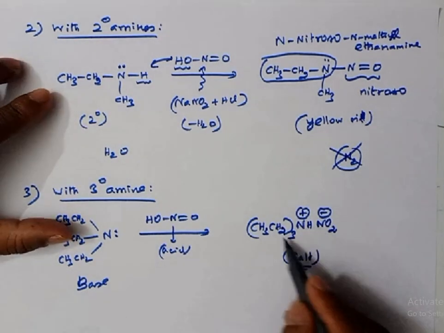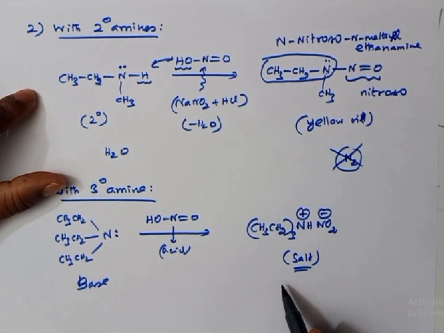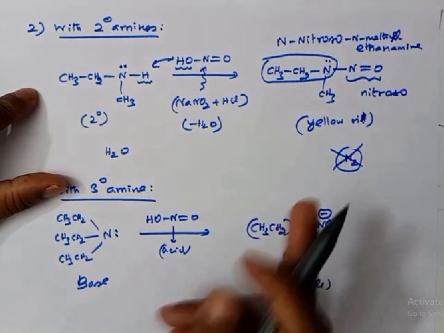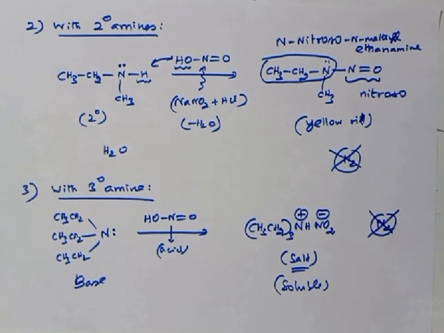See, this salt is soluble in water, so your solution becomes clear like primary amine, but there is no evolution of nitrogen gas. Student, you have to distinguish primary, secondary, tertiary amine with the nitrous acid.